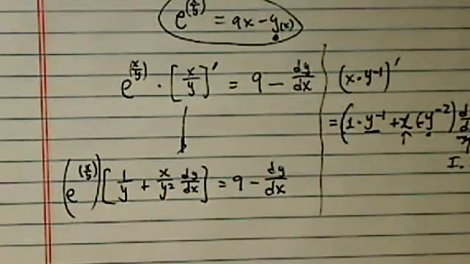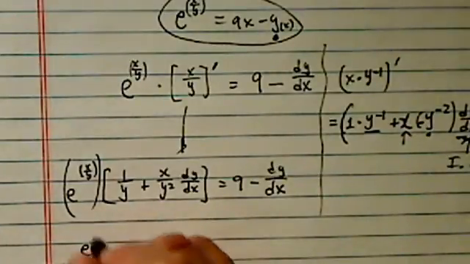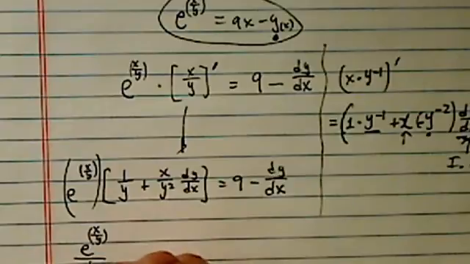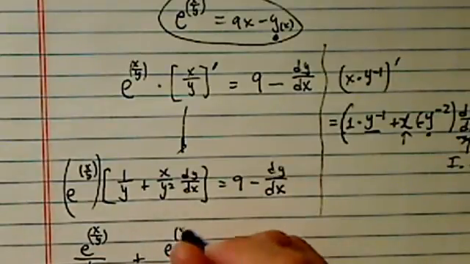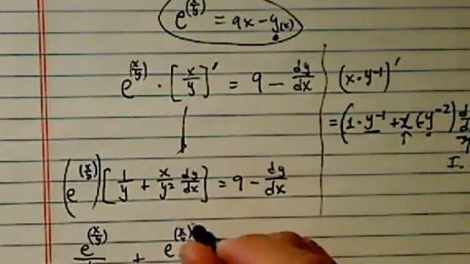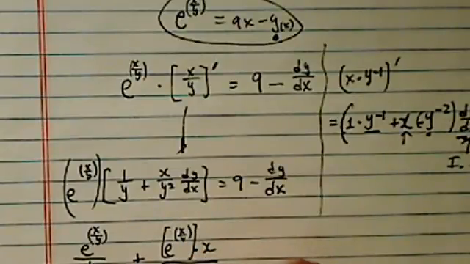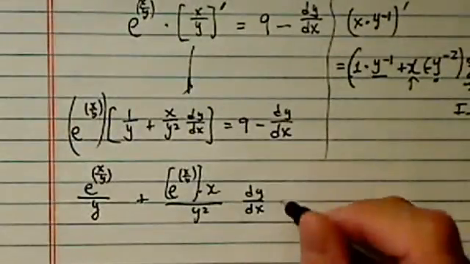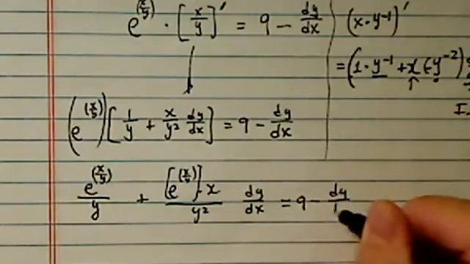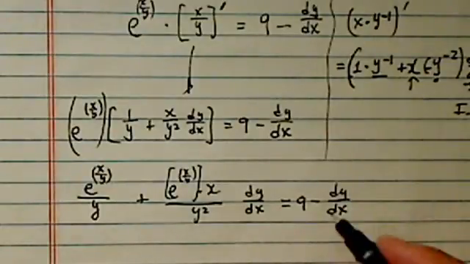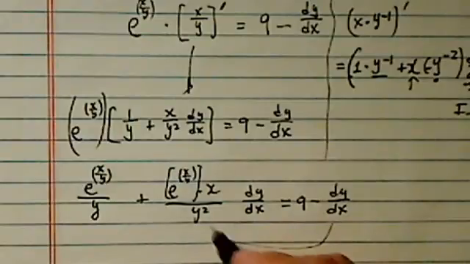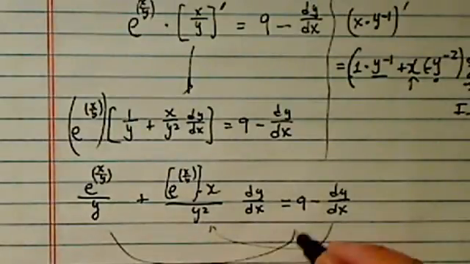I'm going to gather all my dy dx together so I can have a y prime, basically. Let's multiply this one out. It's a little messy, but let's write it slowly and carefully. That's the first term, plus e to the x over y times x divided by y squared. There's a dy dx for this term, equal to 9 minus dy dx. Let's combine our dy dx together. So I'm going to move this one over, and that's one over on that side.